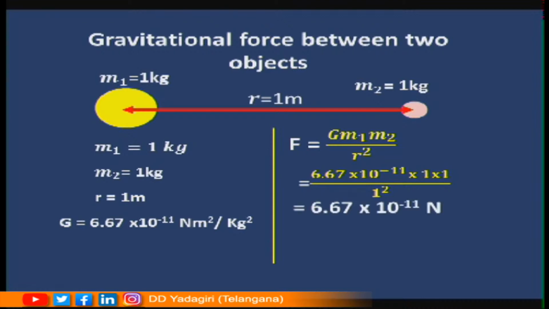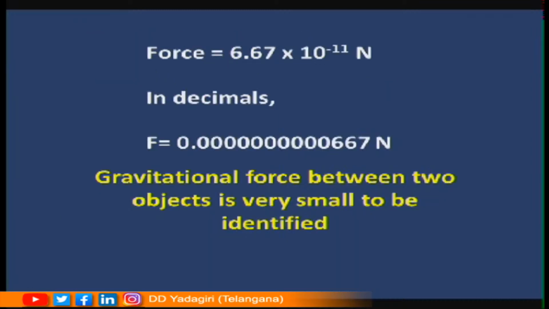So, the force is 6.67 into 10 power minus 11 Newton. Here G, which is 6.67 into 10 power minus 11 Newton meter square per kg square, is the universal gravitational constant. This force between two objects is very less.